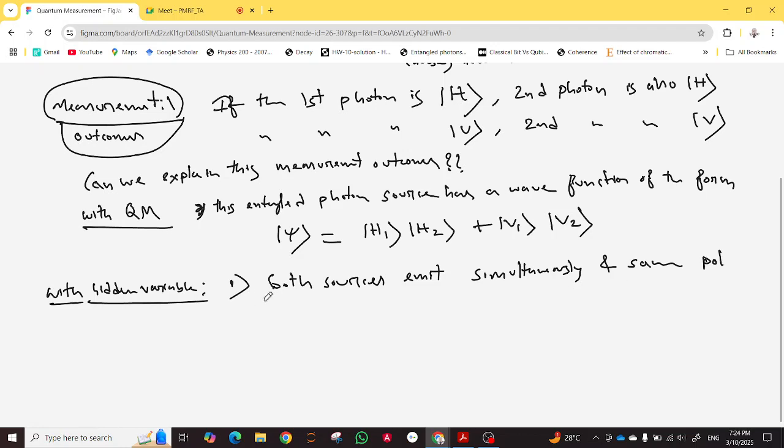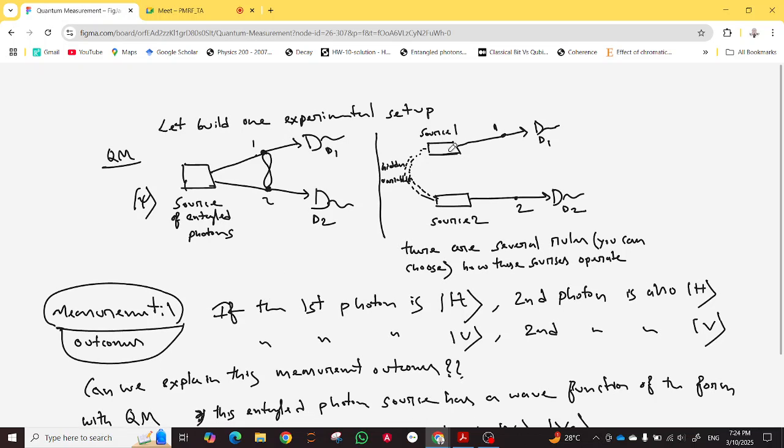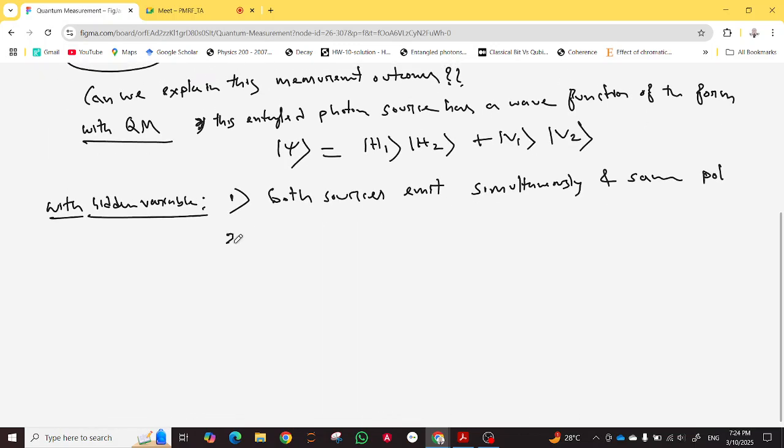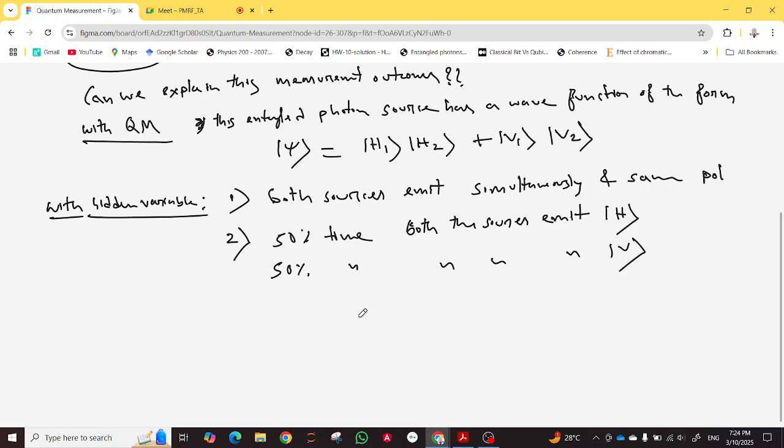So if the first photon emits H at t equals 0, the second source will also emit H. Second rule: 50% of the time both sources emit H, and 50% of the time both sources emit V.